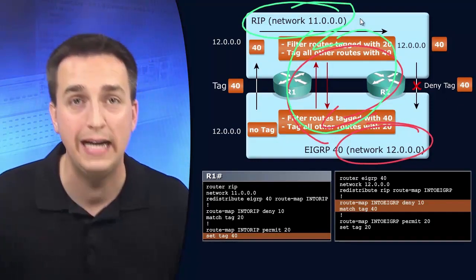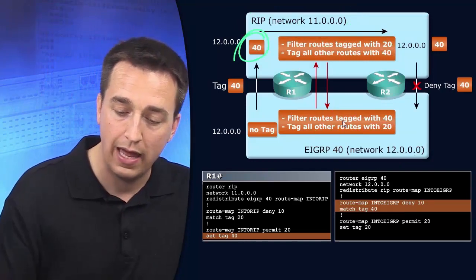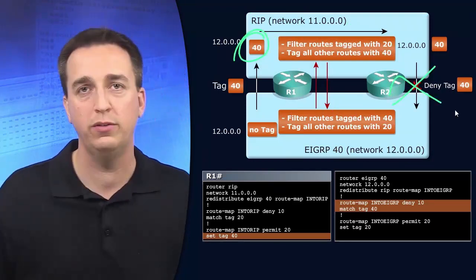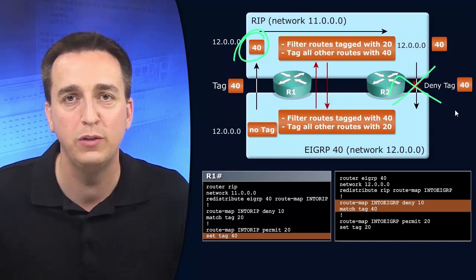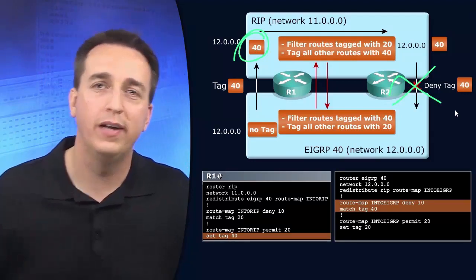Be able to recognize that and know that you could simply apply some tags and then filter those tags at the redistribution points, and you can solve that loop and prevent it from happening.